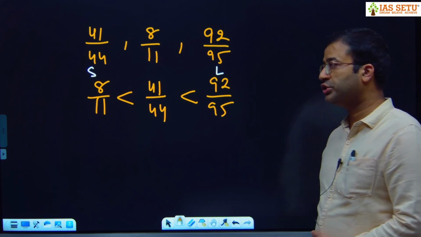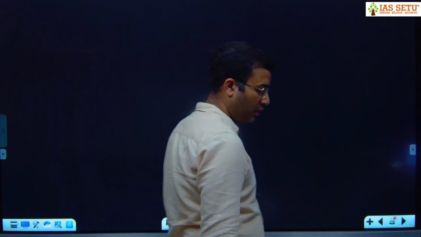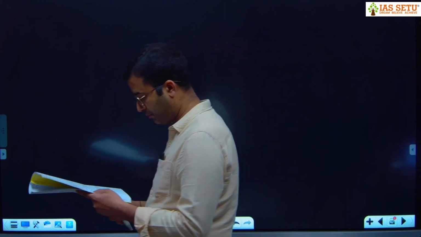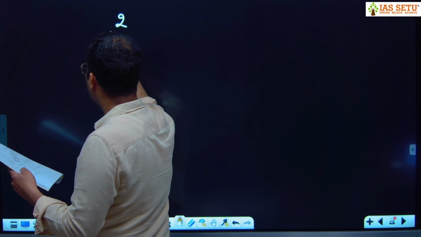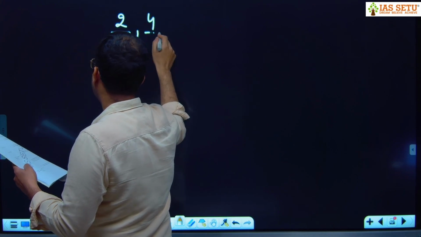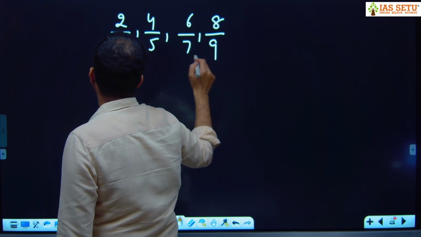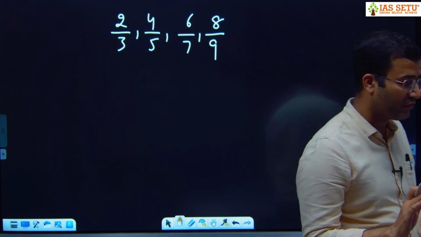Now try one question. Like in our HCF and LCM handout, there was a question: you have to arrange this into ascending order, 2 by 3, 4 by 5, 6 by 7, 8 by 9. Don't use the LCM method, that is a very difficult method.